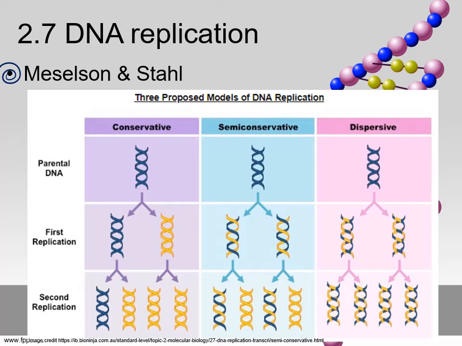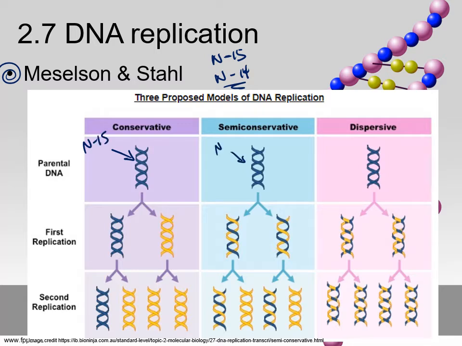And they did an investigation where they had DNA in bacteria grown in with food that has an isotope of nitrogen called nitrogen-15. This is extra heavy nitrogen. And then they switched the bacteria to food that had nitrogen-14, assuming that the bacteria would use this new nitrogen to make the new DNA. So we're going to start off with parent DNA, and of course all the parent DNA is made from that original food source that was nitrogen-15.